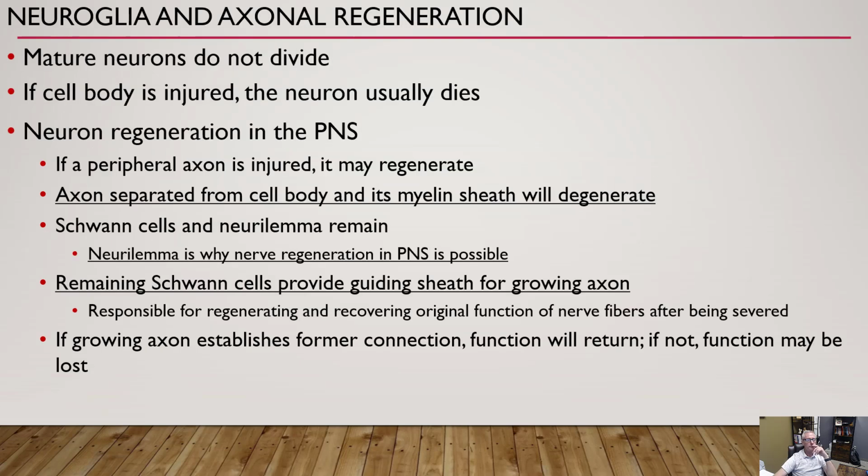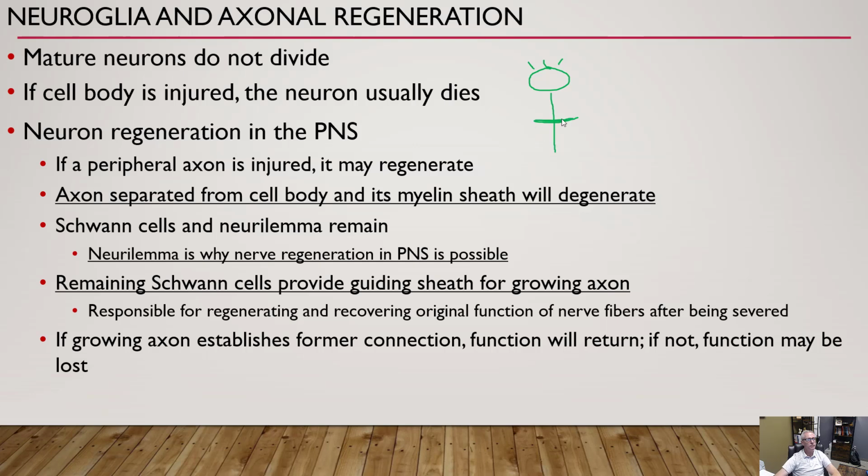All right, nerve regeneration. Neurons do not go through mitosis. And if a neuron cell body is injured, typically that neuron is going to die off. Now, if you sever a nerve, let's say that you have your dendrite, cell body and your axon.